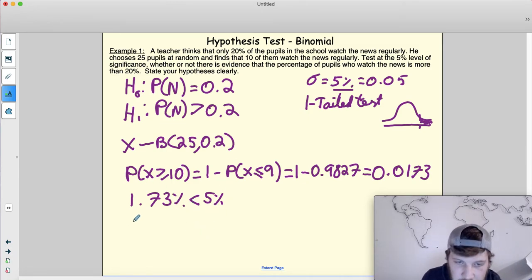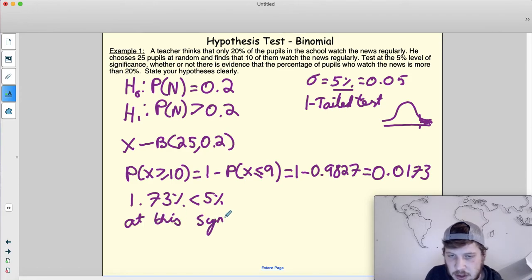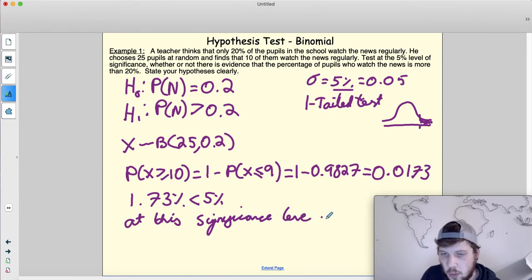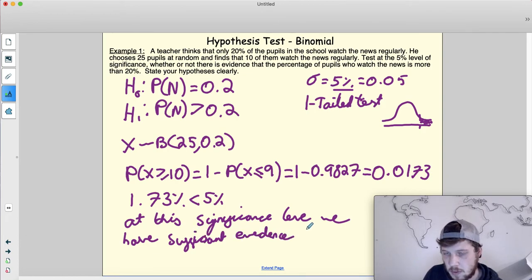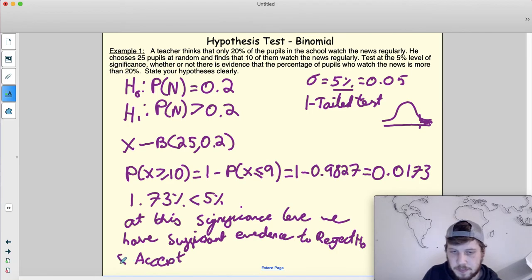So I would say at this significance level we have sufficient evidence to reject H0 and accept our alternate hypothesis, H1.